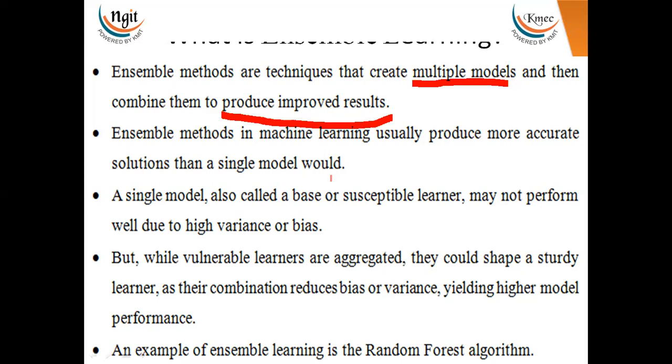That's why by combining these algorithms together, we achieve an ensembled model. What is our main target here? Whatever variance or bias is generated by the algorithm, we want to reduce that. Then only will model performance increase. The algorithm that we are going to implement using ensemble learning is the random forest algorithm.